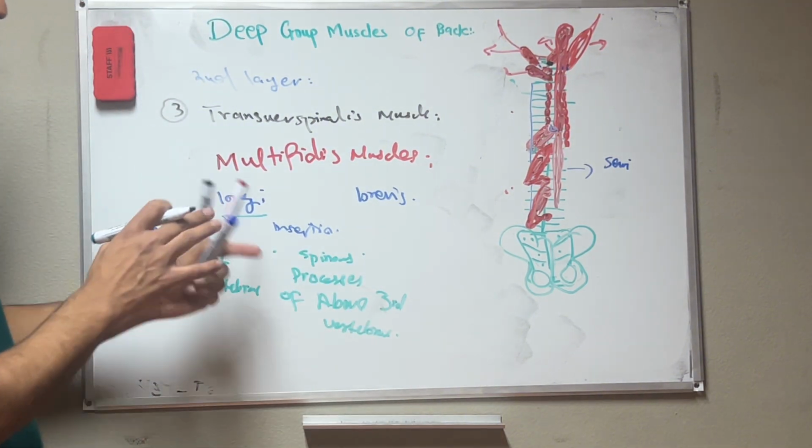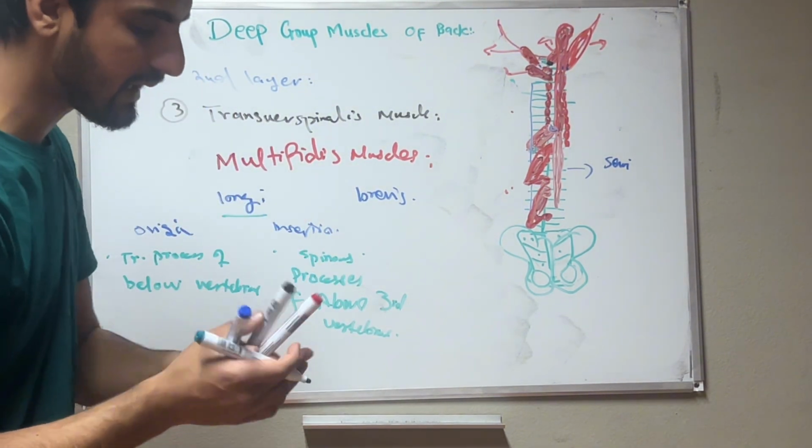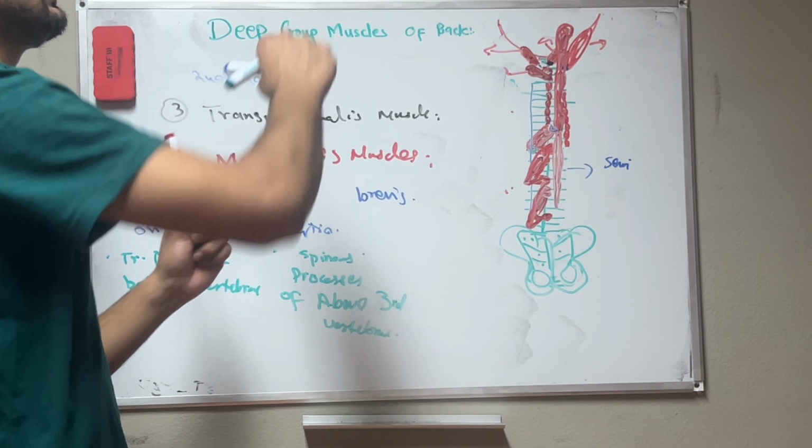We are talking about the long multifidus muscle. It means they will skip two vertebrae and insert into the third vertebra.